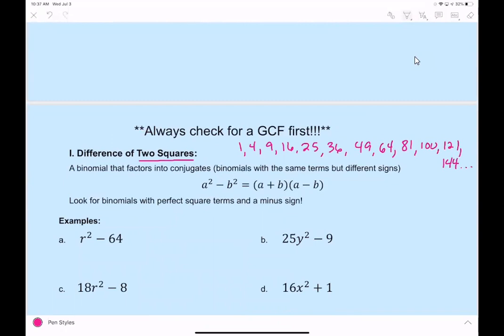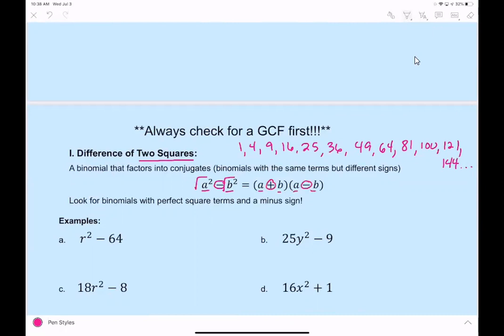So if we have a binomial that we want to factor, to be a difference of two squares, the first thing I need is a binomial that has a minus, and I want each of these terms to be perfect squares so that I can easily take the square root of each one and place those in my binomials with different signs.